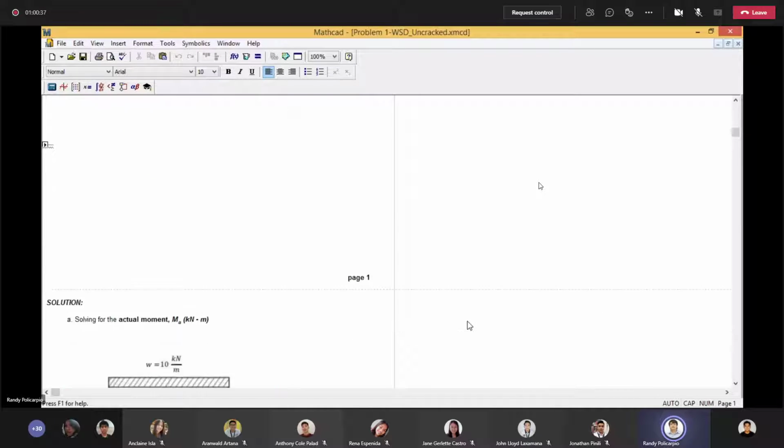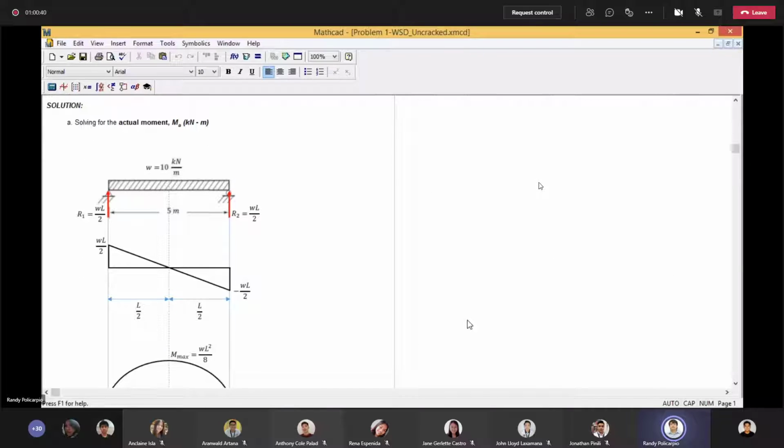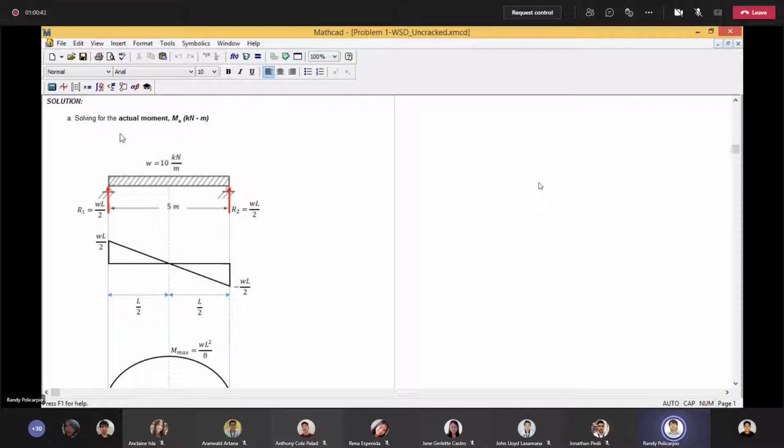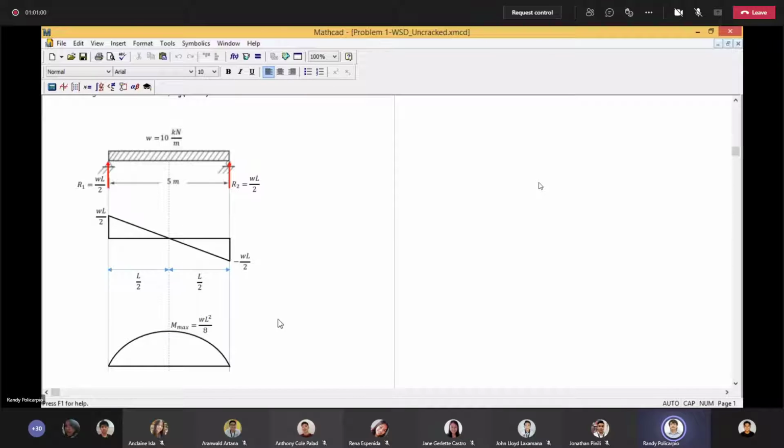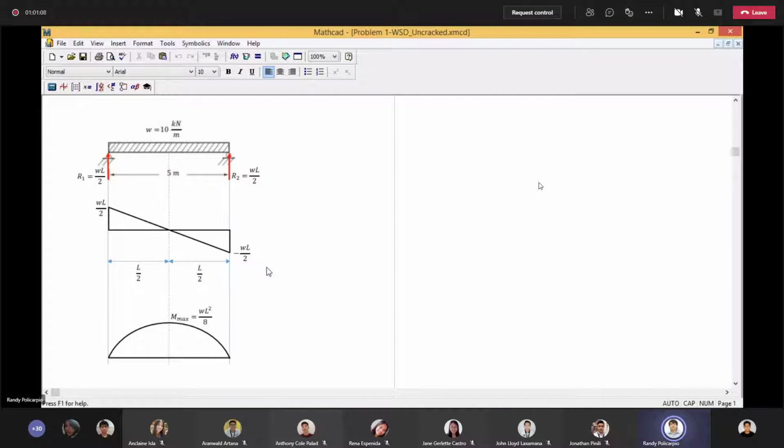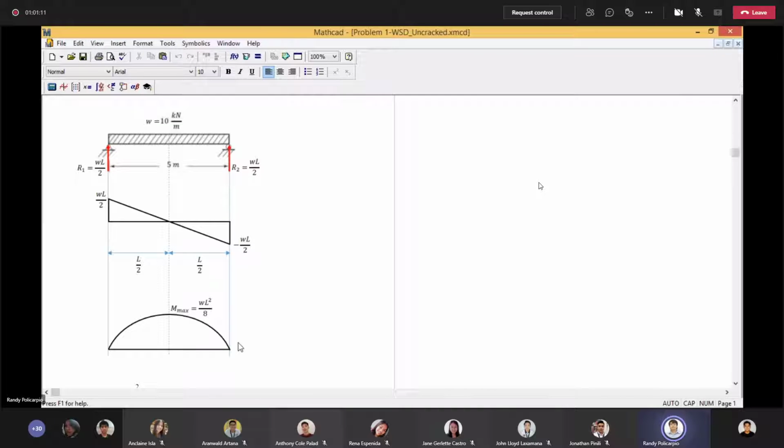Okay, so ito yung solution. So for the first requirement, which is the actual moment, it is based from the service load. So tandaan nyo, hindi tayo nagmumultiply ng factor dito, WSD tayo. So the determination of the actual moment, you basically solve the shear and moment, no? Para makuha mo yan. Okay, so ito ngayon yung ating shear and moment diagram wherein the maximum moment will occur at the midspan of our beam.